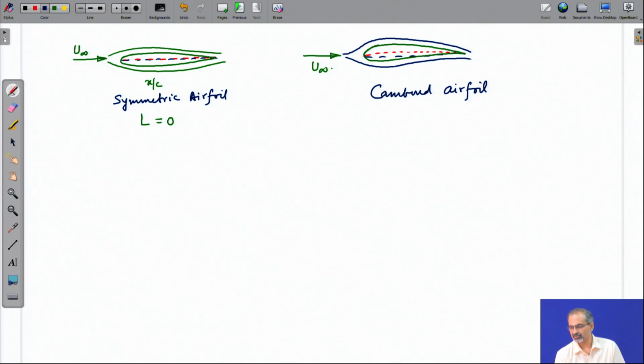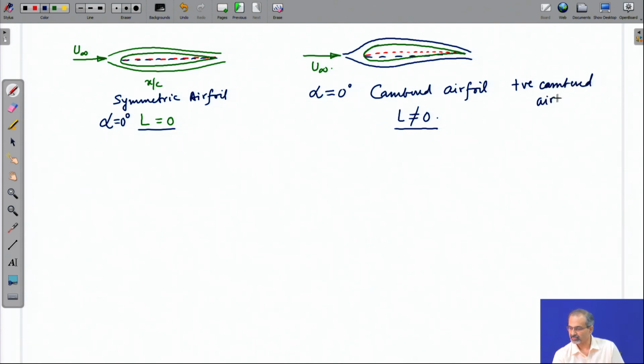Consequently, the pressure distribution is also unequal on the upper and lower surfaces at any given x by c. If you take care of this pressure imbalance, which is largely the variable which influences lift, the lift becomes non-zero even at an angle of attack of 0 degrees. So, at an angle of attack of 0 degrees, lift is 0 for a symmetric airfoil, while lift is positive for a positive cambered airfoil.